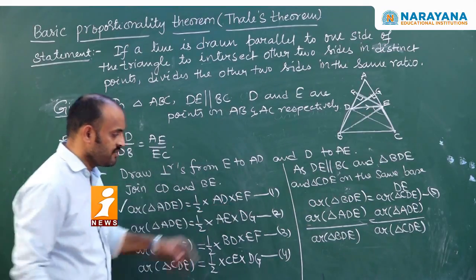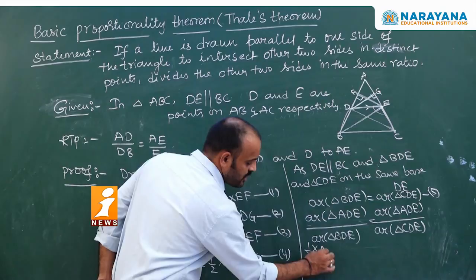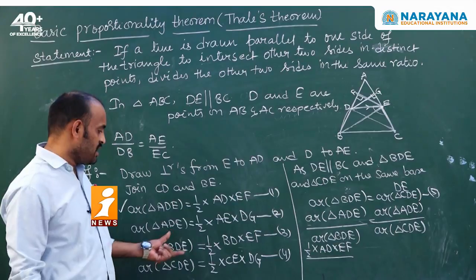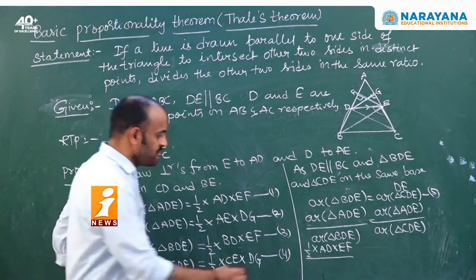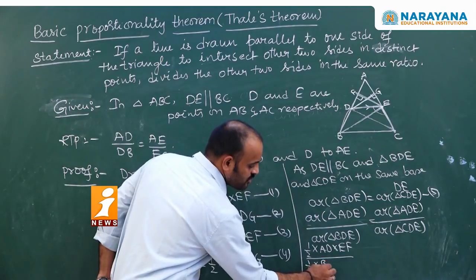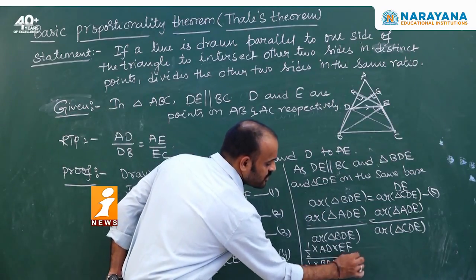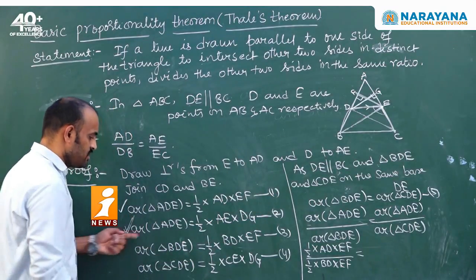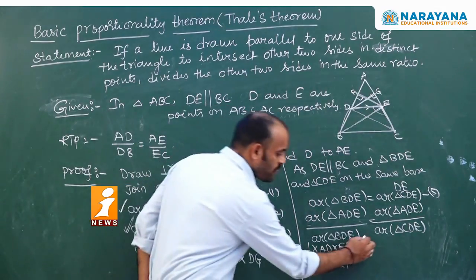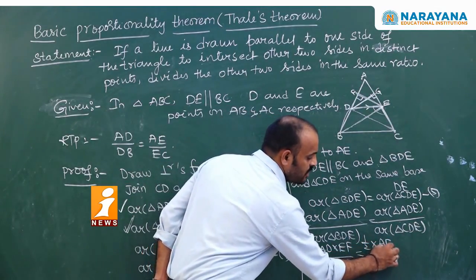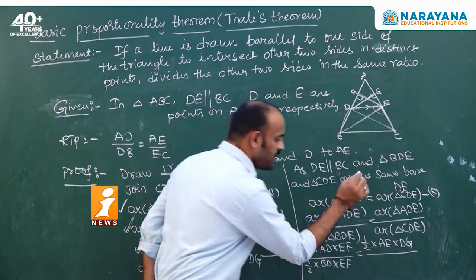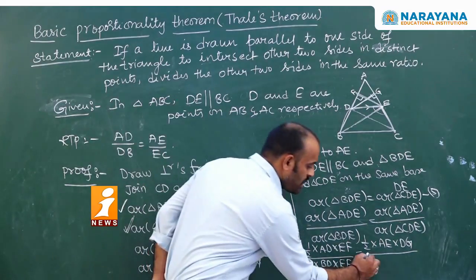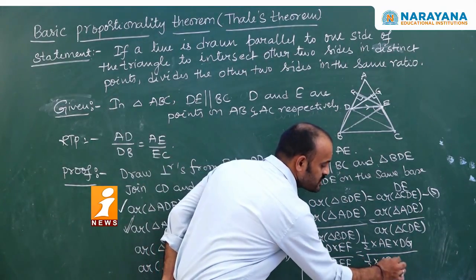Half into AD into EF, by, what is area of triangle BDE? Half into BD into EF. Equals, for area of triangle ADE, I am going to consider the second one: half into AE into DC, by, for area of triangle CDE, half into CE into DC.